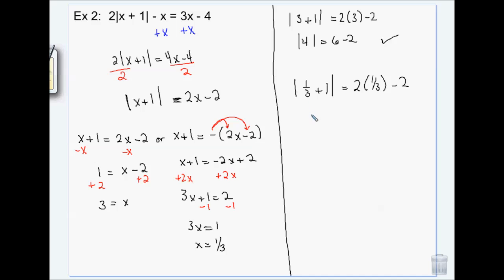Well, we could do 1 1/3 is equal to 2/3 minus 2. Is this going to be positive or negative? It's going to be negative, right? It's going to be 1 1/3 is equal to negative 1 1/3. That's not true. So this is not true. So my solution is just x equals 3.